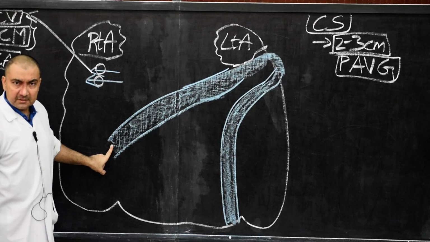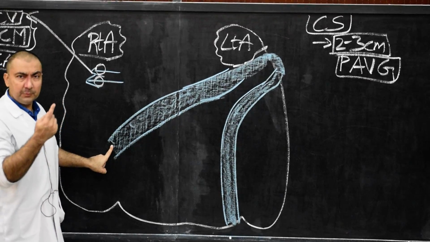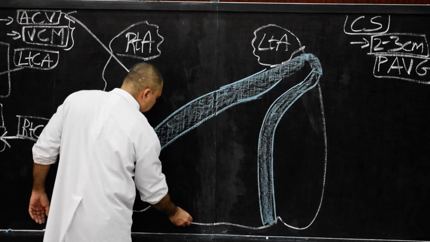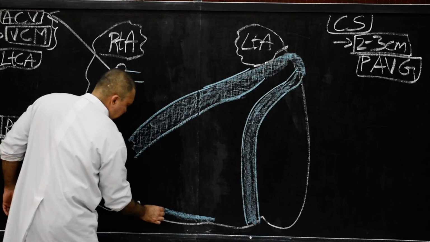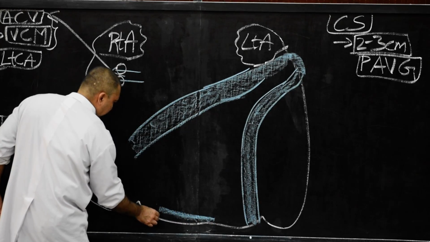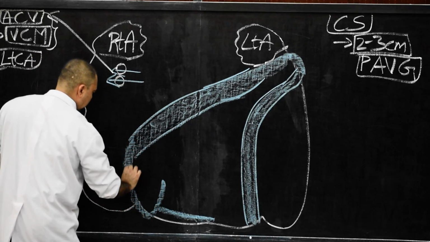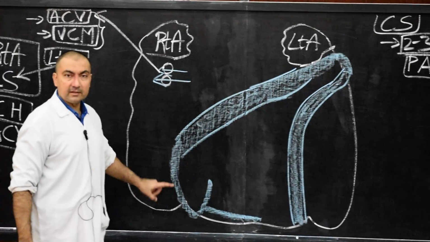Across its termination, on the right hand side where my finger is, it will receive one more vein. That vein, which I am going to draw here, is the marginal vein, and this marginal vein will drain into the vein which opens across the right end, and therefore this is the small cardiac vein.